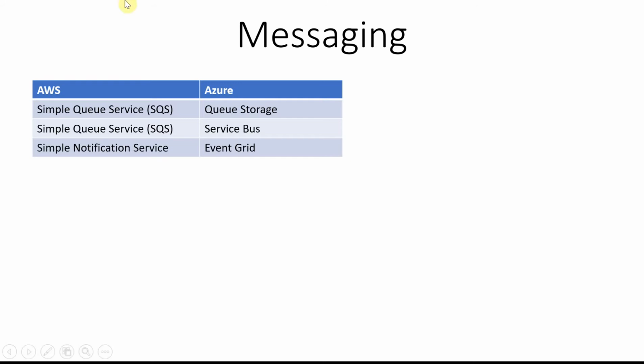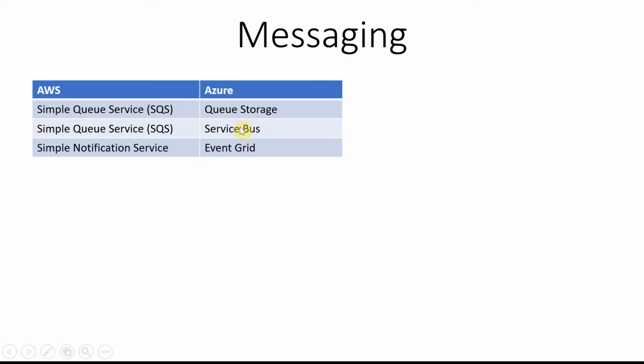In that category you have queues: primarily Queue Storage, Service Bus, and Event Grid. Queue Storage and Service Bus are more or less conceptually the same, but Service Bus has additional features which can integrate with other Azure products, like connectors and other things.